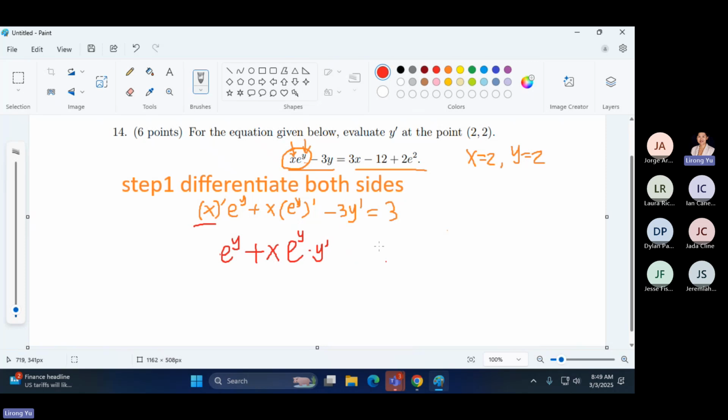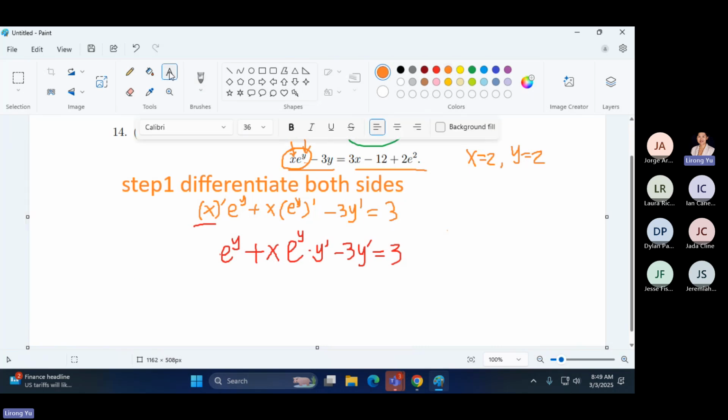The rest has no change, so we have negative 3y prime, which equals 3. Remember, we're solving for y prime, so our target is to have y prime solved. So step 2 of the entire process will be, since you're solving for y prime, you have to have the y prime terms all grouped together.